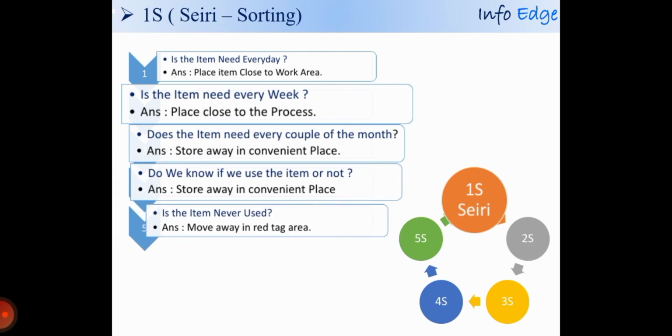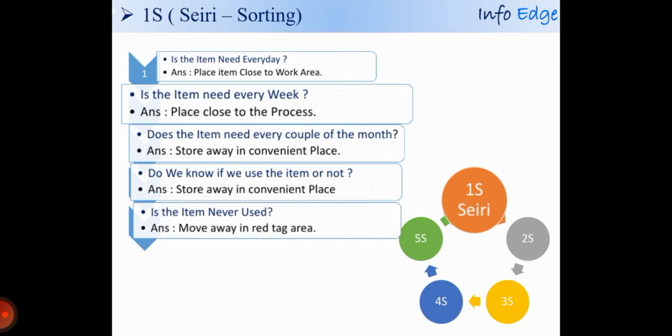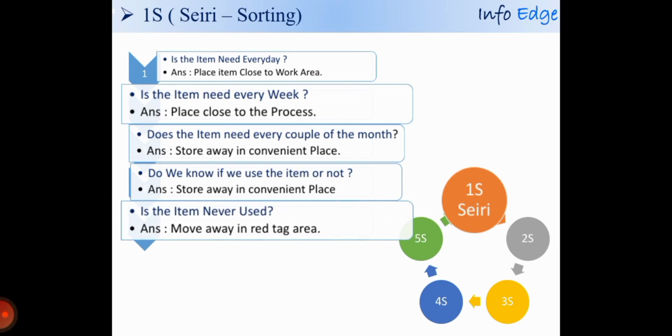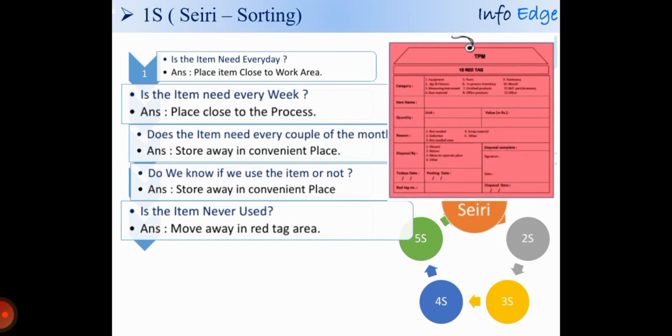Next, we need to know if we use the item or not. That means the item should be stored in a convenient place. If the item is never used, it becomes an unwanted item. Then we have to place the red tag on the item and move it to the respective location.